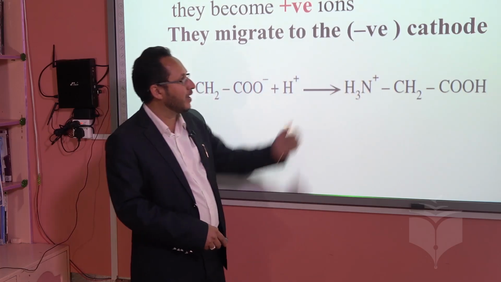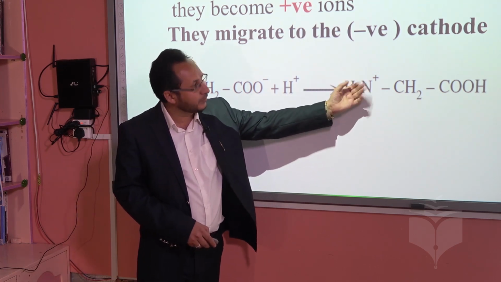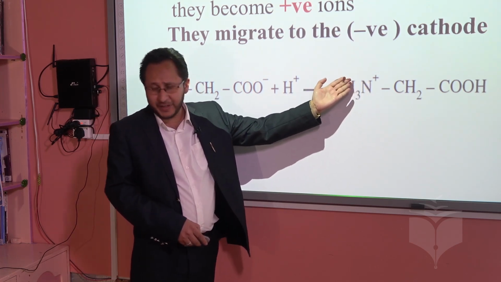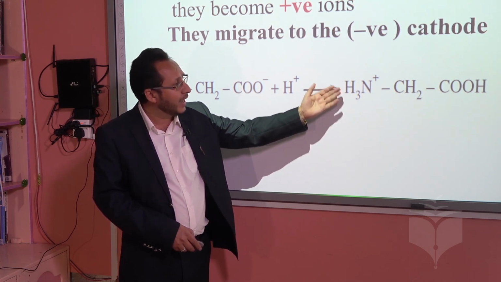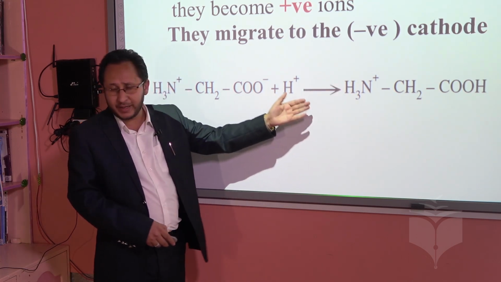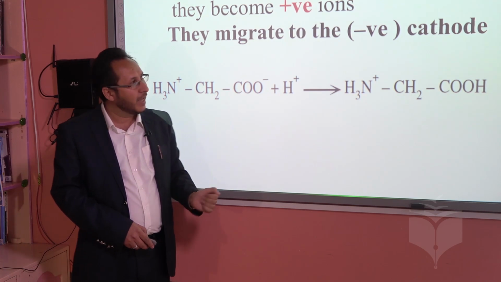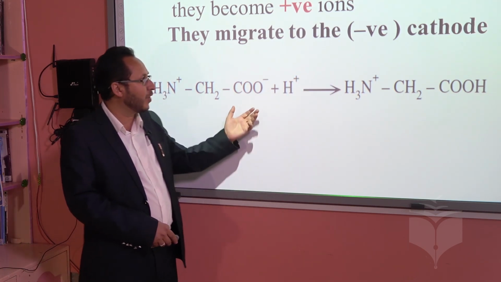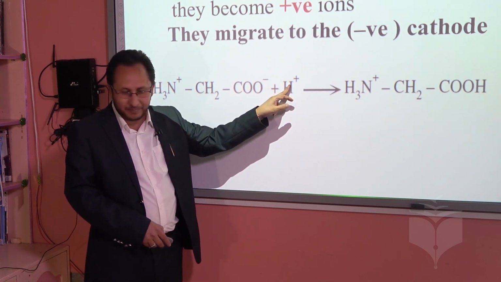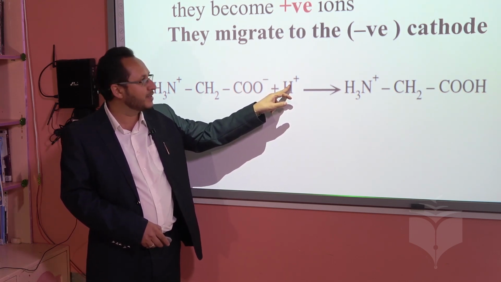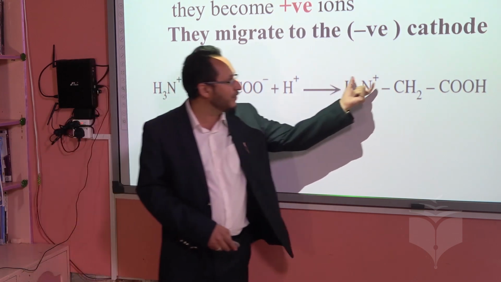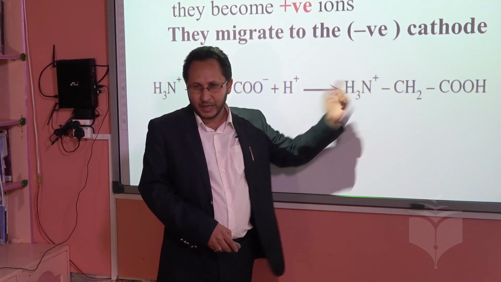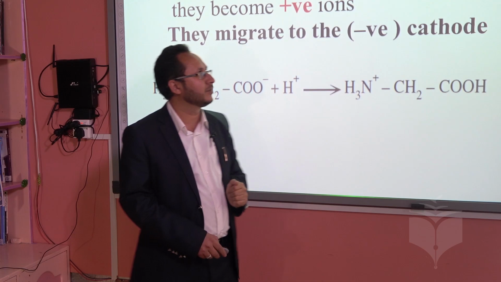Because it has a positive ion, it is affected by passing the current, and the amino acid migrates to the negative electrode, which we call the cathode. Again, in the acidic medium, the alpha amino acid is present as a positive ion. That's why it goes to the cathode.